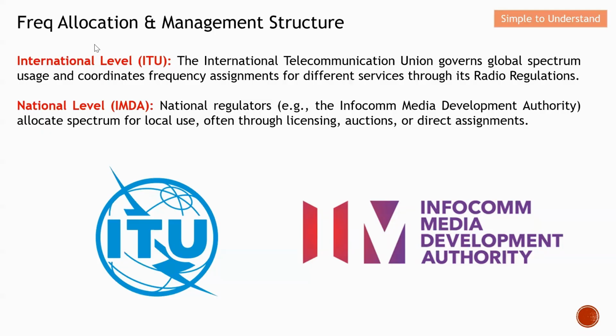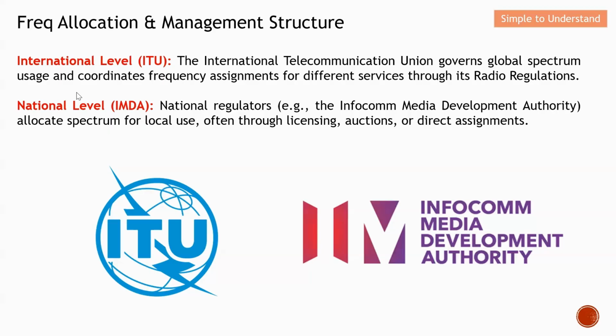Next, I'm going to share how the frequency is allocated and how they manage the structure. In the whole world, this will be at an international level. As I mentioned, this is going to be managed by ITU. ITU governs the whole global spectrum usage and coordinates frequency assignment for different services through its radio regulation.